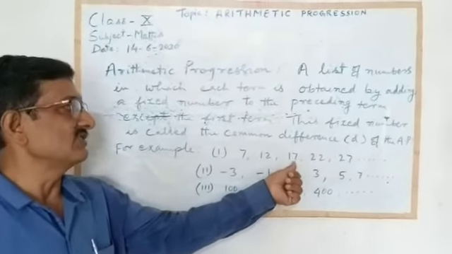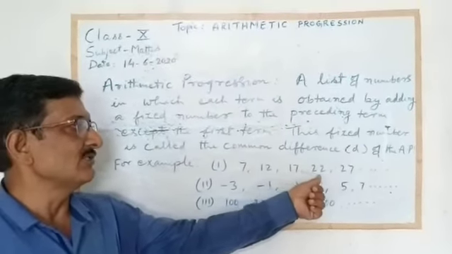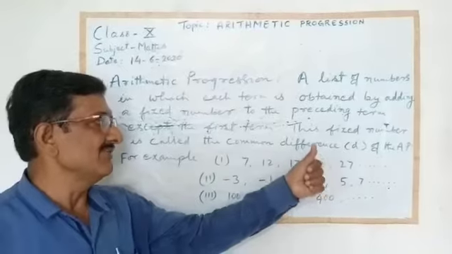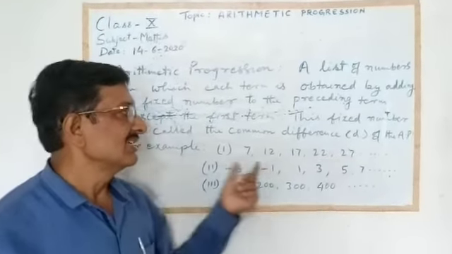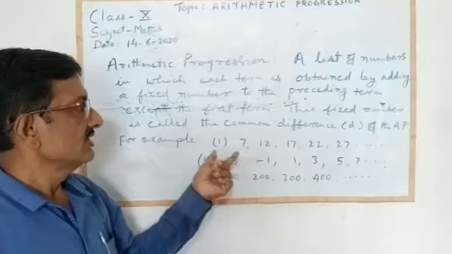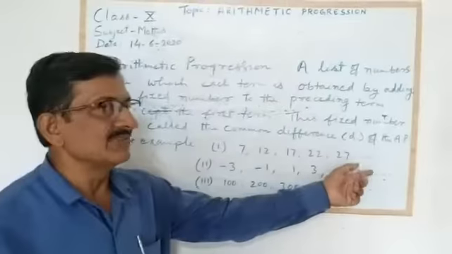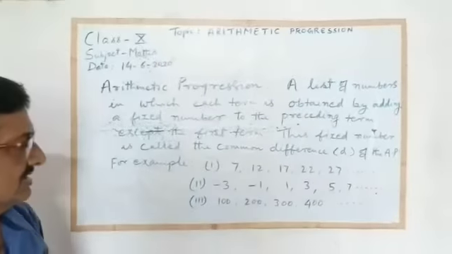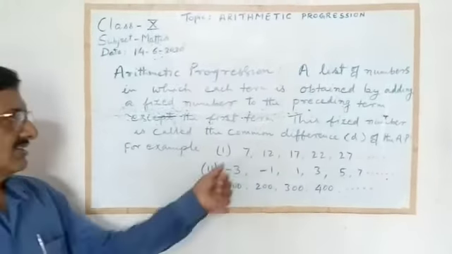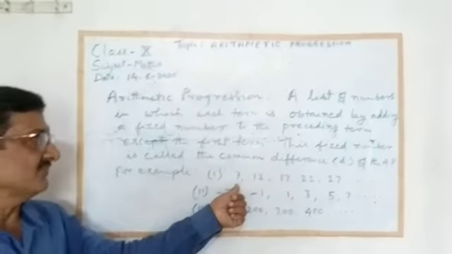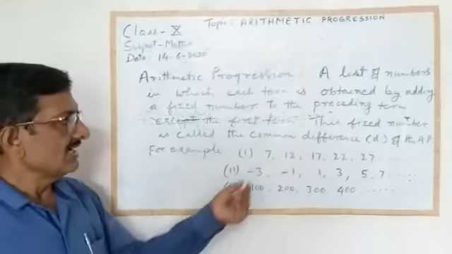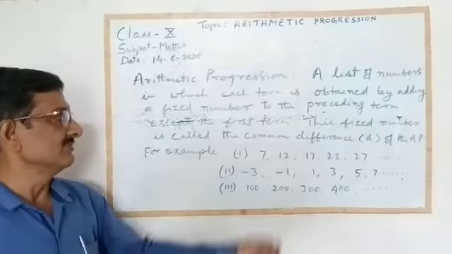When 5 is added to 17, we get 22. When 5 is added to 22, we get 27. In this way, we can get a series of arithmetic progression. Here, 7 is the first term and the common difference is 5.